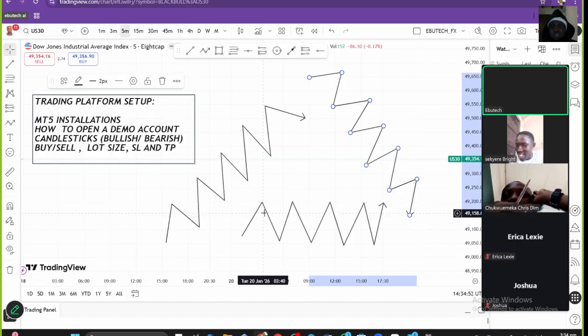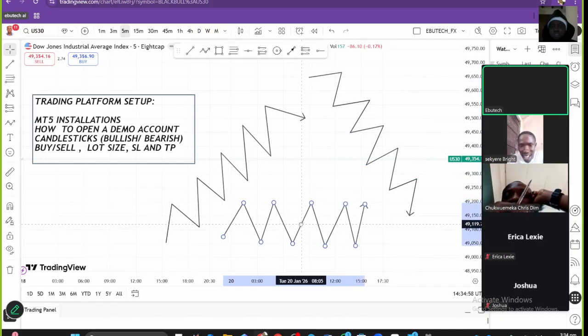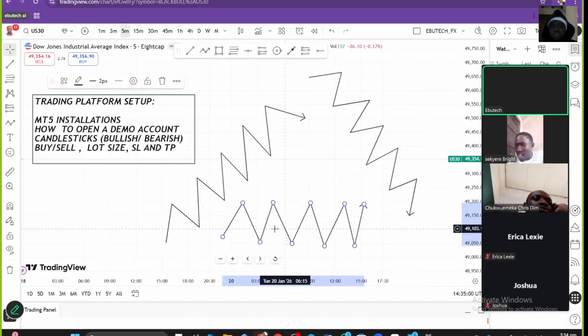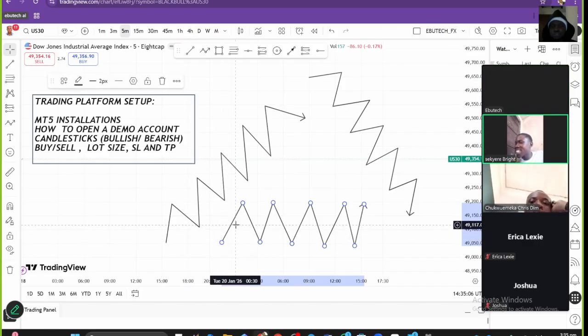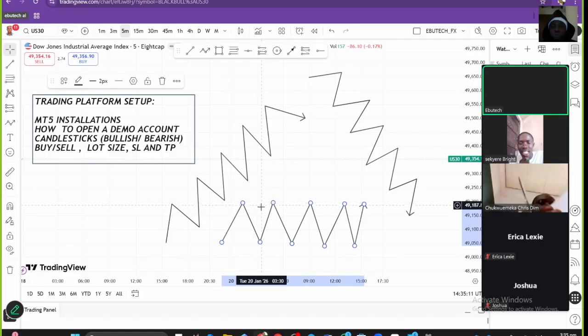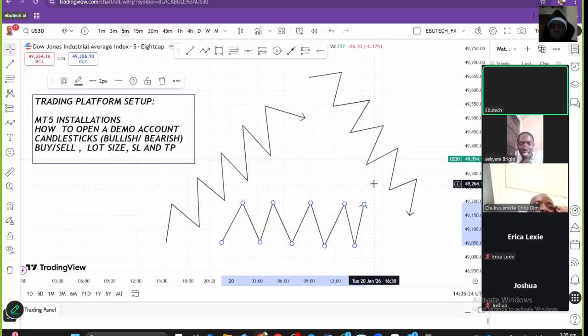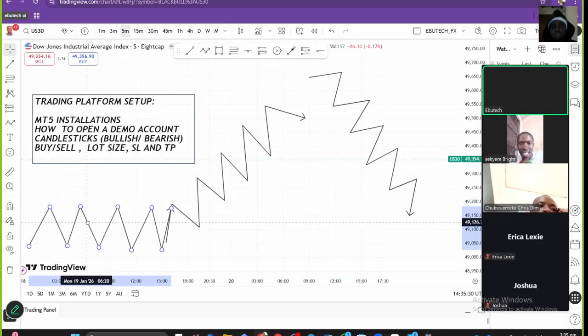It's as simple as ABC. When the market is going like this, what is it doing, Bright? Consolidating. So when you see a consolidation market, you avoid the market. You avoid it until you see a breakout from this, something like this.